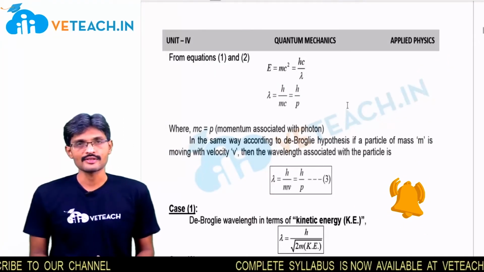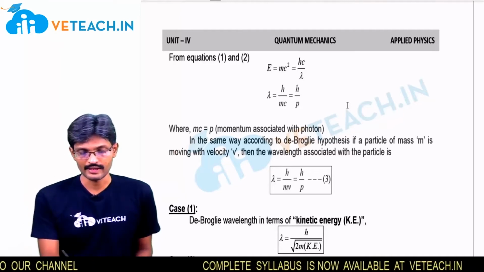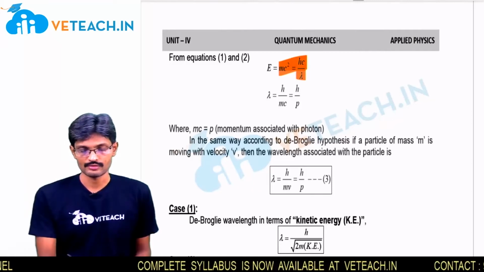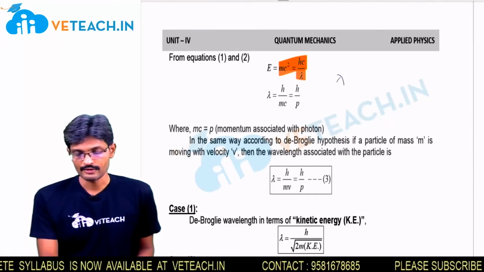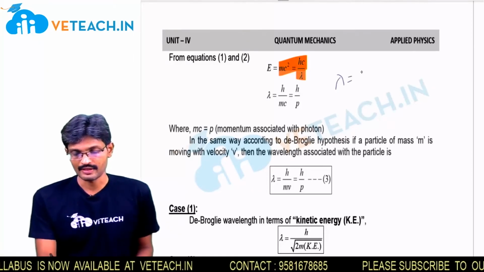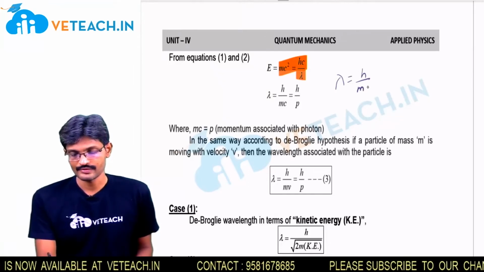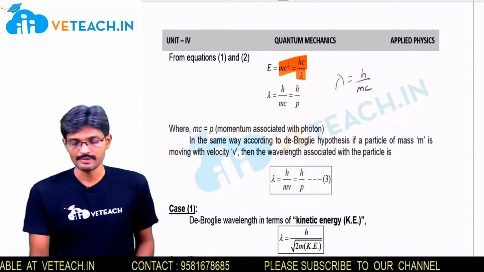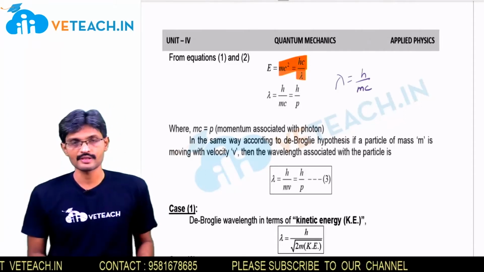Equating the RHS of equation 1 and equation 2, we have mc² = hc/λ. Solving this, the wavelength of the photon is λ = h/mc. Here h represents Planck's constant, m represents the mass of the photon, c represents the velocity of the photon.